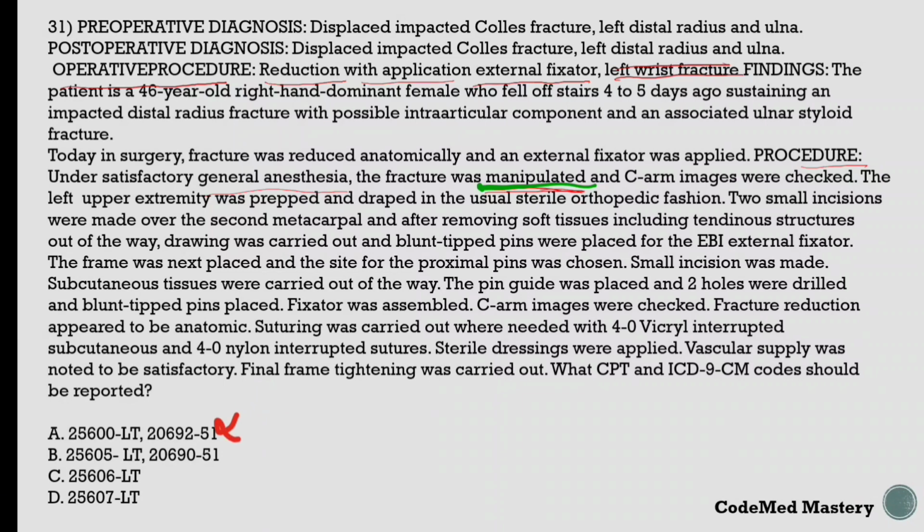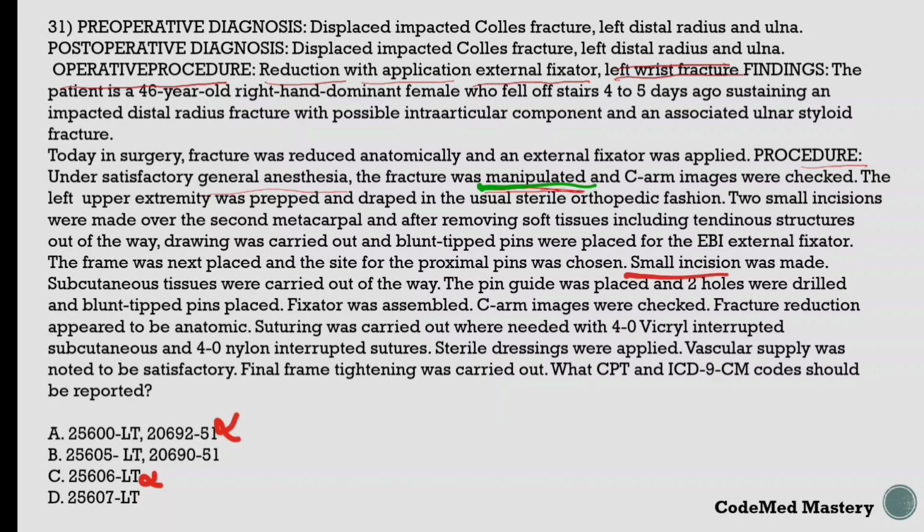Option C, 25606 is for percutaneous skeletal fixation. In our case they have not done percutaneous skeletal fixation. So by this we'll eliminate option C. Coming to option D, 25607, that is for open treatment with internal fixation. But in our case, they have not mentioned open treatment of the fracture.